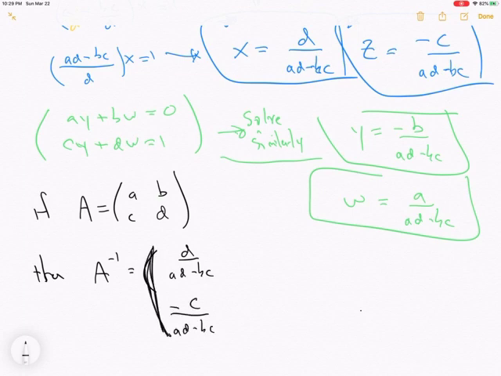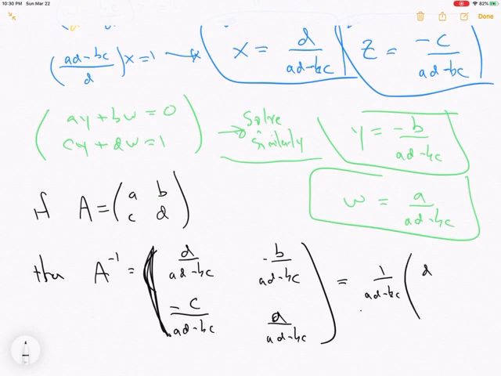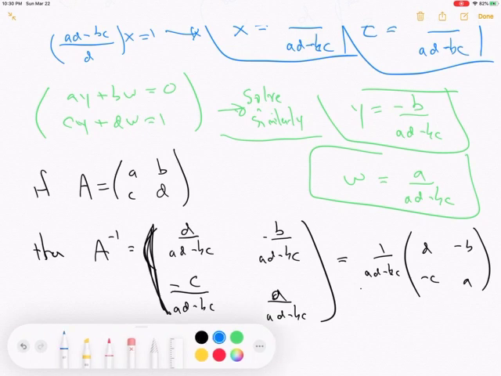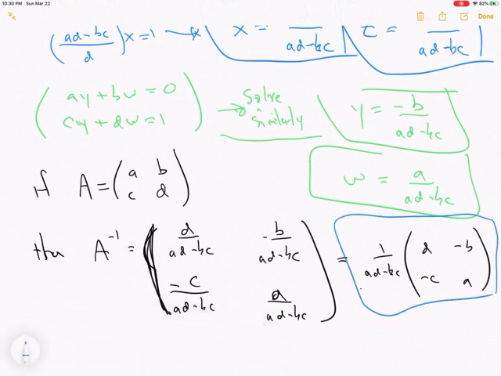Sorry, this is a big matrix. And so we typically, because we can, how do you scale a matrix? You scale all the entries. So we can rewrite this by pulling that factor out and just putting the matrix here. So this is the formula for A inverse. I'll put this last one in the box. This is what you should memorize.